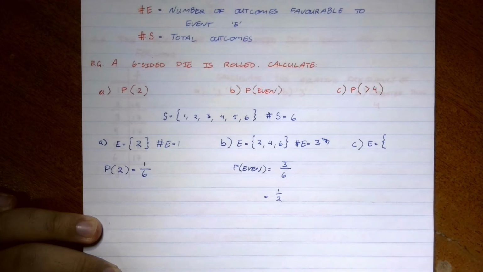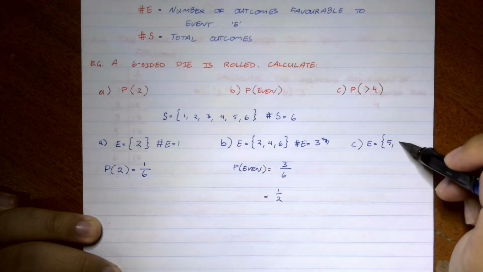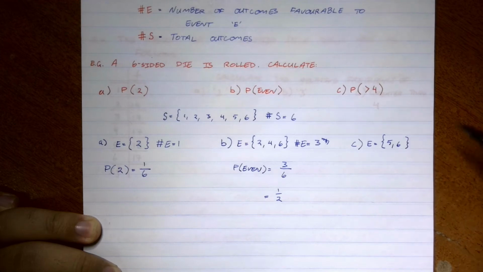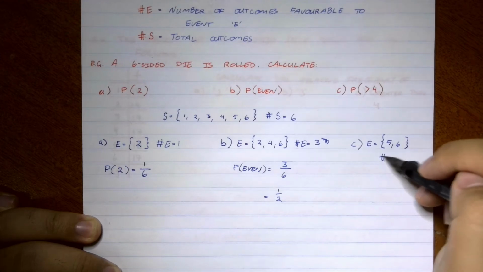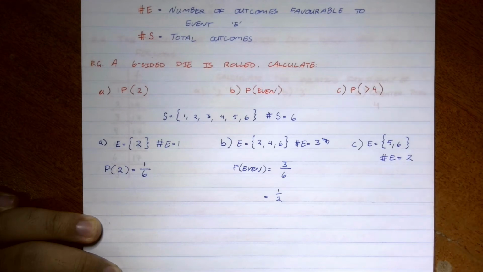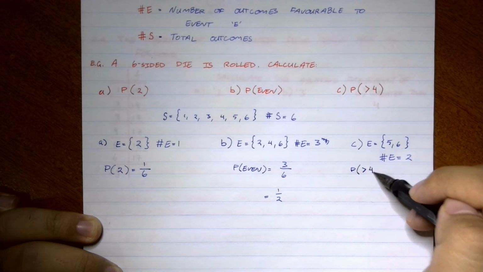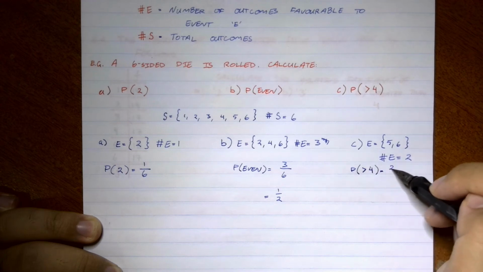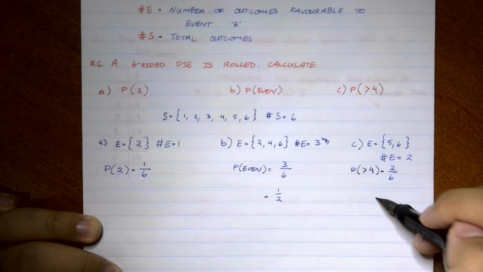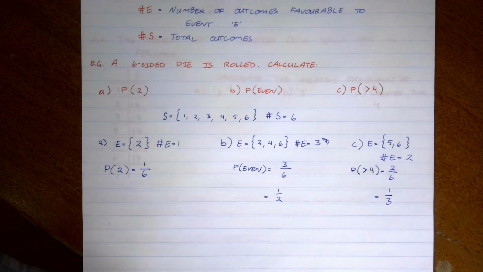It is equal to 4. So we can list 5 and 6, which means the number of E is given as 2. So the probability of rolling greater than 4 is given as 2 over 6, which we can simplify as 1 over 3.